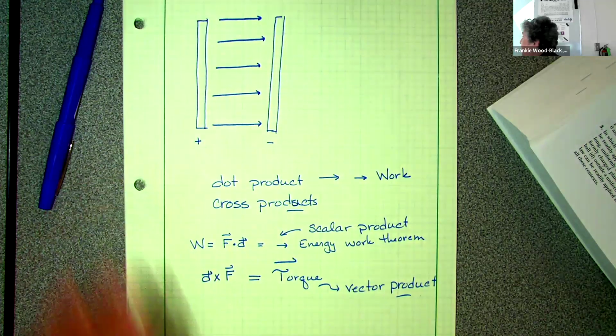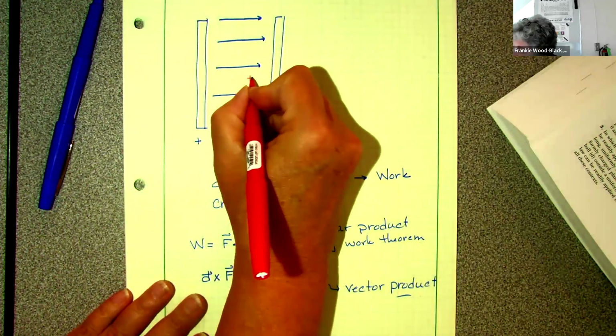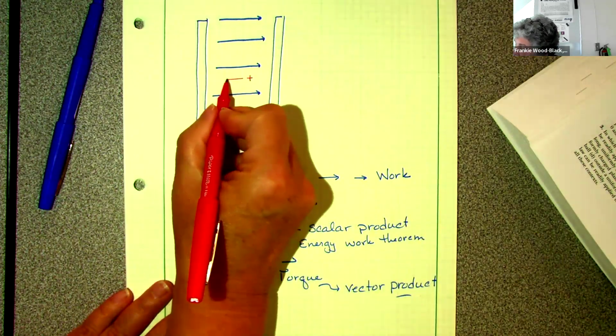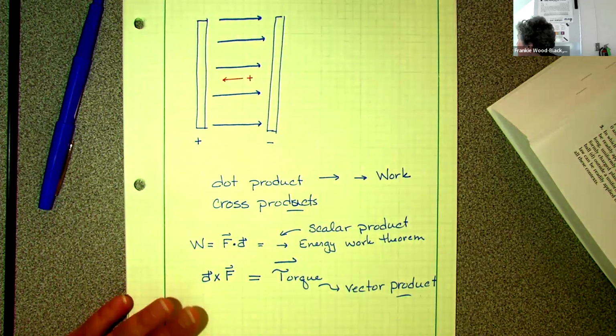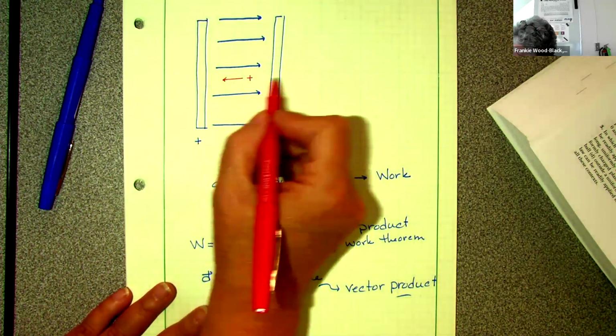if I take a positive charge and I move it close to the positive side here, I had to do what? I had to do work, right? I actually have to do work.